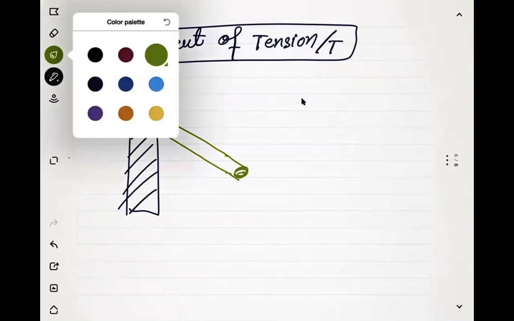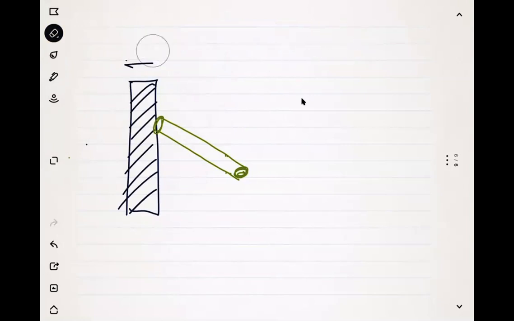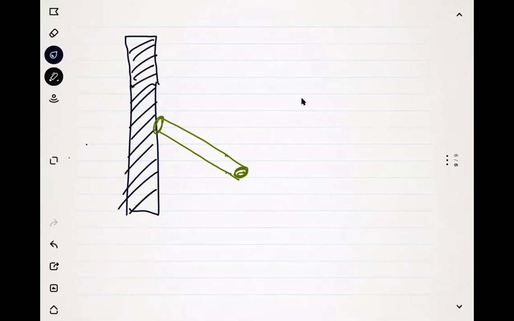The tension is in the rope, and the forces are, one of them is tension, and now we are doing it for tension. So for the moment of the tension, we will resolve the tension.